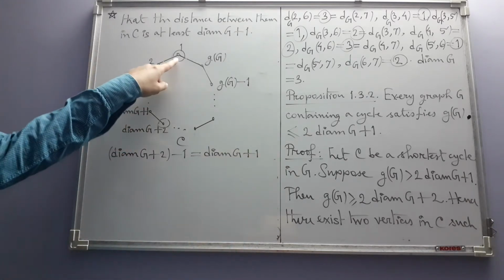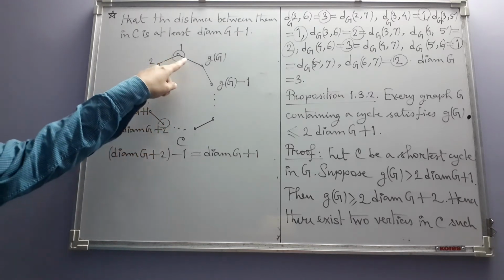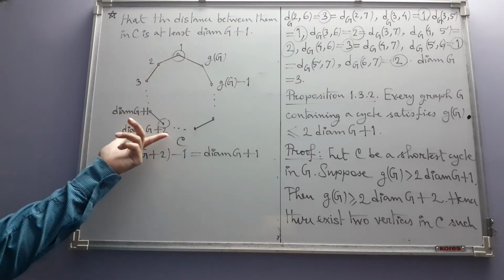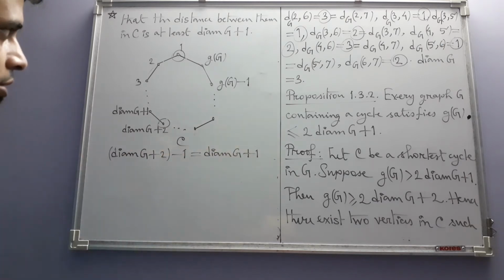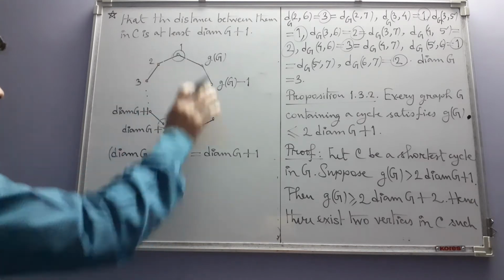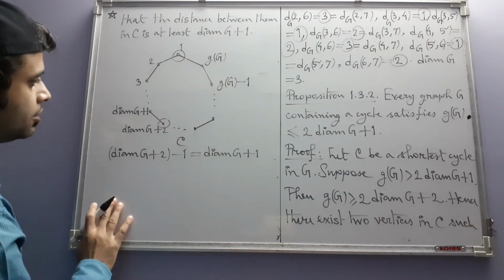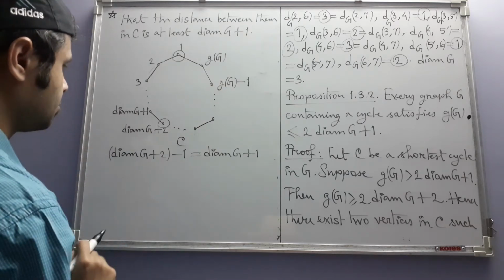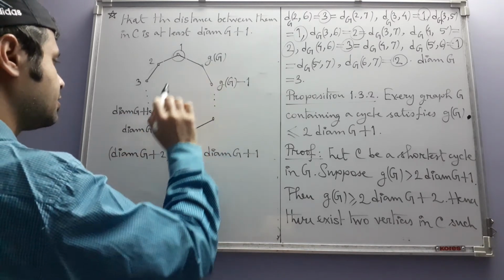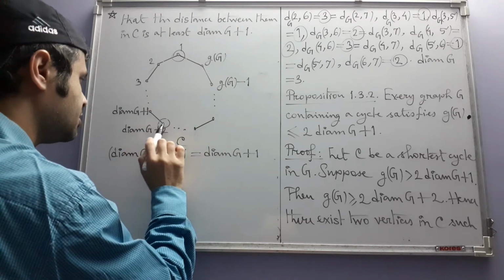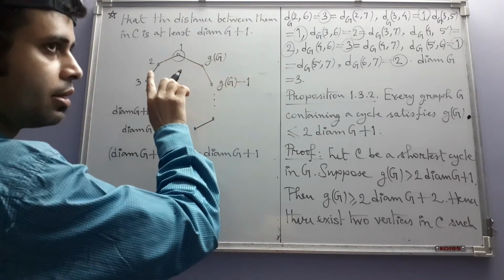Why? Because you just calculate the number of edges in this path, which will be 1 less than the number of vertices. The number of vertices is diameter of G plus 2, so the length of this path is diameter of G plus 1. Now what is the length of the other path? I have not thought about that before, now only I am thinking. Okay, so let us see what the length of the other path will be. It will be the length of the path joining diameter of G plus 2 and g of G plus 1.